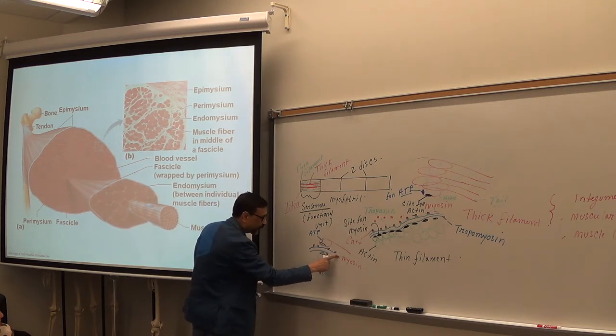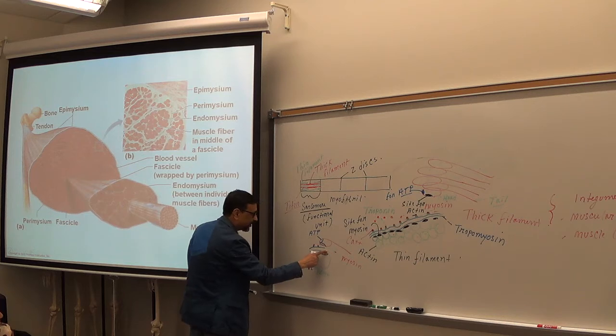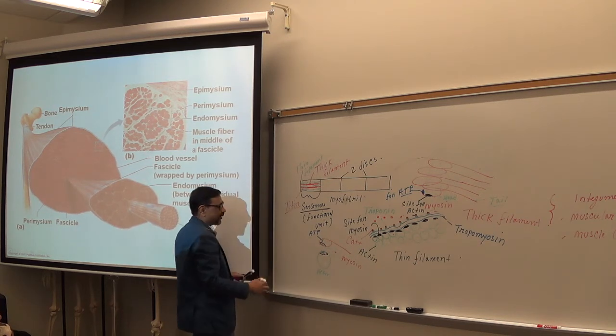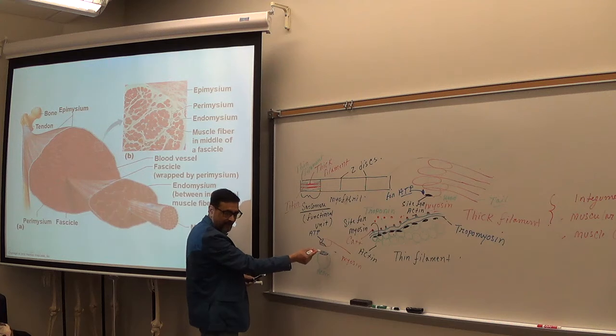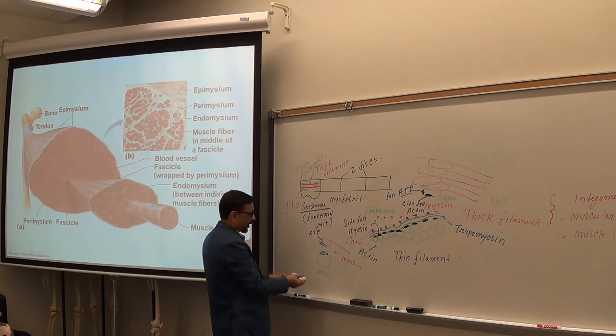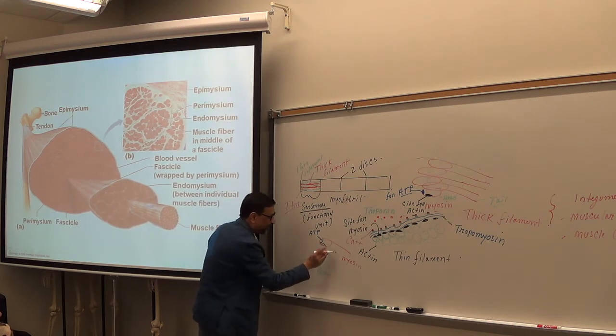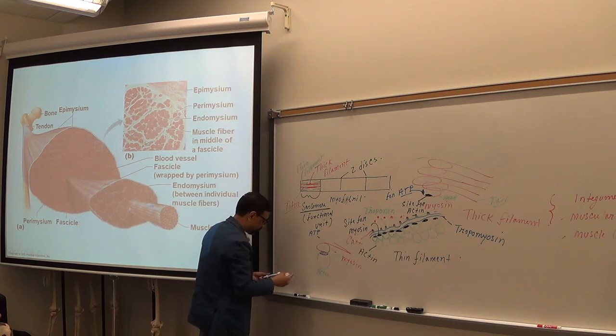That will move the tropomyosin away. Push the tropomyosin to the side. Now the binding site is free, right? So what will happen? The myosin head will come down and will get attached to the actin. Make sense?